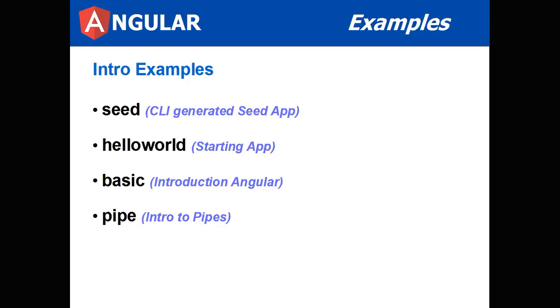And we'll look at pipes. There's directives, there's pipes, there's components, so we'll try to describe a lot of these things as we go through our example. Stay tuned for the next video, which will go through all of these examples in detail.